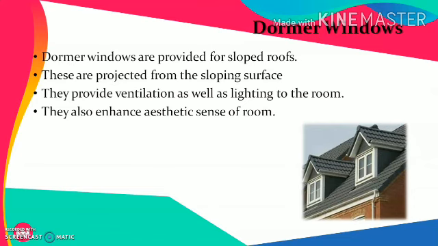They are more common in buildings where sloped roofs are provided, where the rainfall might be more, and to cater to the need for appropriate drainage, the roofs might be inclined, and in such cases dormer windows are provided for better appearance as well as better ventilation.